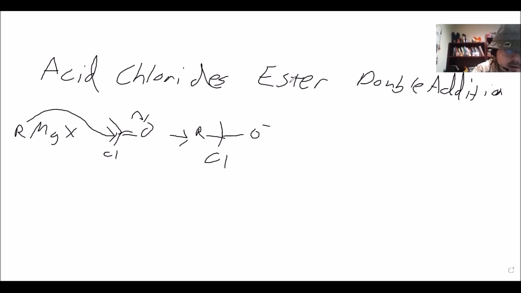From here, this is a rather fast step. The lone pair on this negative charge swings back down to reform the double bond, kicking off our leaving group. And so we reformed a ketone.